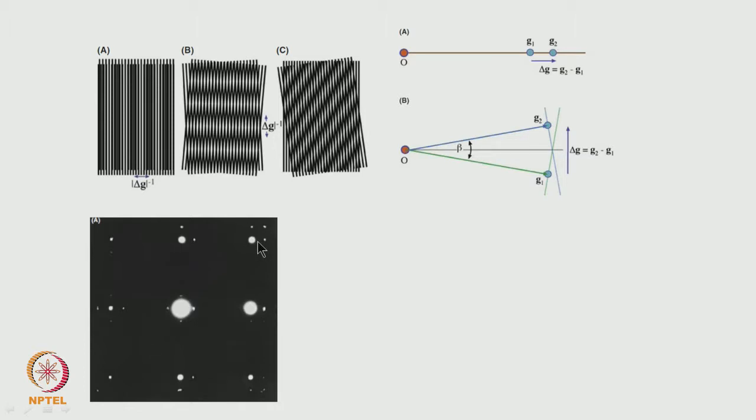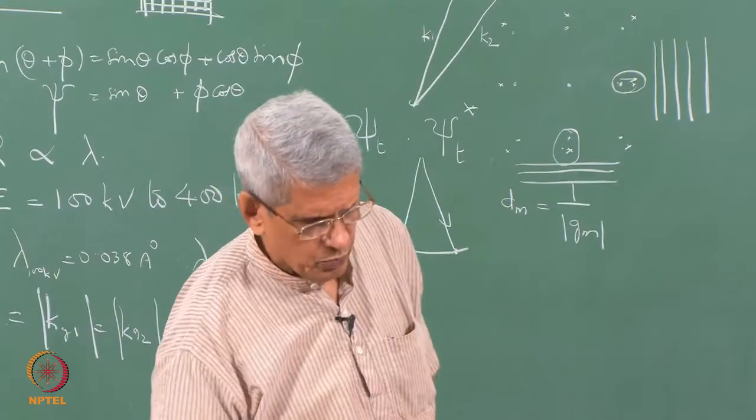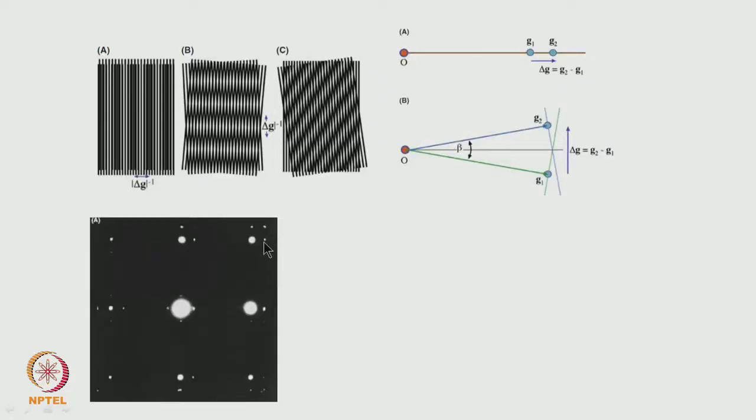That is what I had shown, but you can see that more spots could be coming. This is because each of the beams can act as another primary beam for diffraction, because strong diffraction takes place in the sample for the electron beam, and that gives rise to this sort of extra spots.